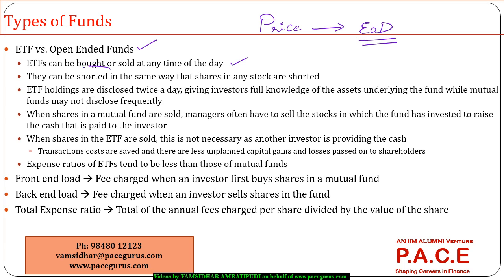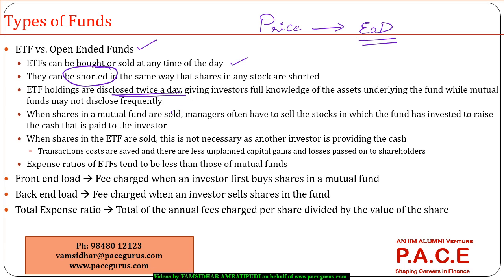And shorting, that is one more advantage. They can be shorted in the same way as the shares. Whereas that cannot be possible in case of open-ended funds, where you are buying and selling both to the fund itself. The holdings are disclosed twice a day.